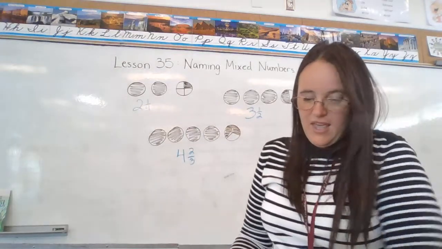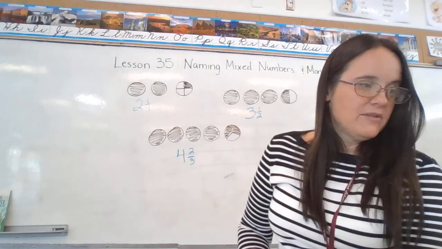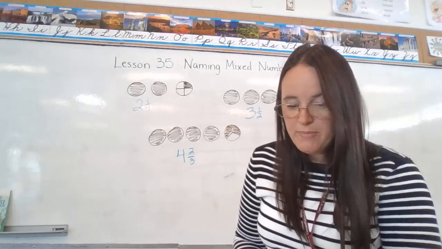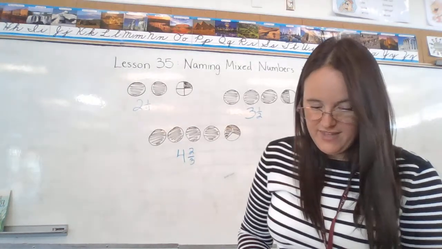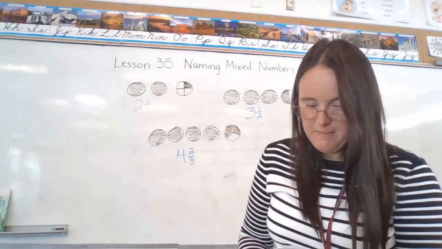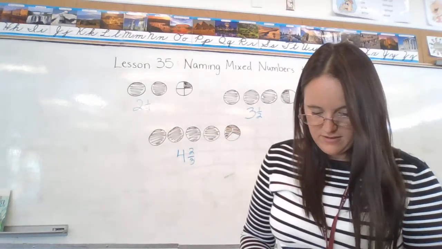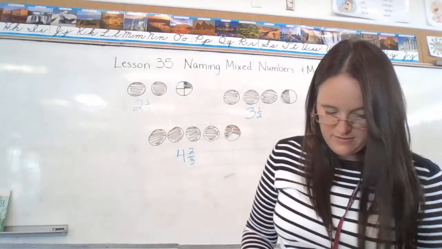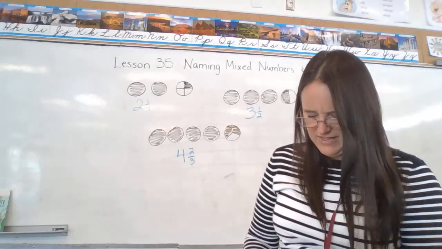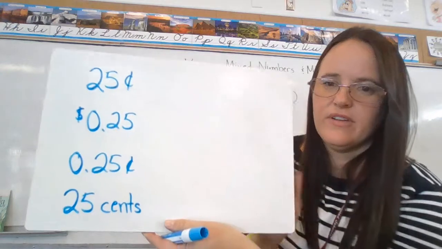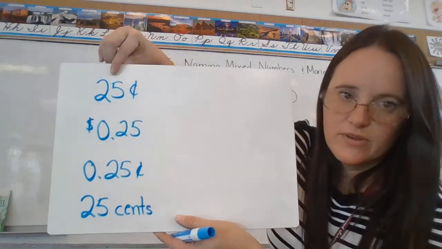Okay? The last example wants to know which of the following does not represent a quarter. So we have it written many different ways here. And you have to figure out which one is not really the amount of a quarter. So we have 25 cents. Is that a quarter?